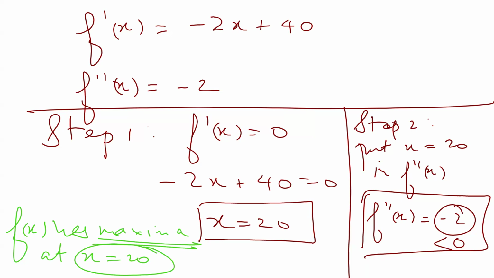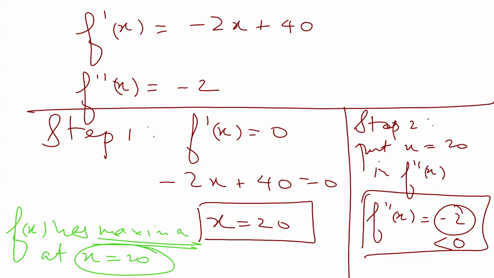But then what is required in the problem? Are we supposed to find out the maximum value? No. We just have to prove maxima. So what is required? X and y, the two parts. So x is equal to 20.